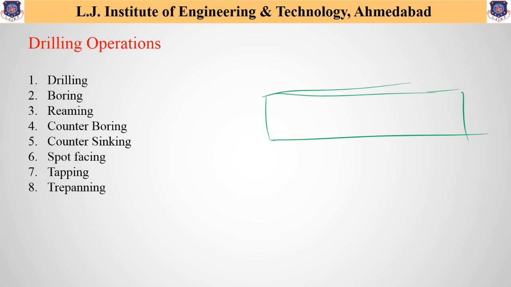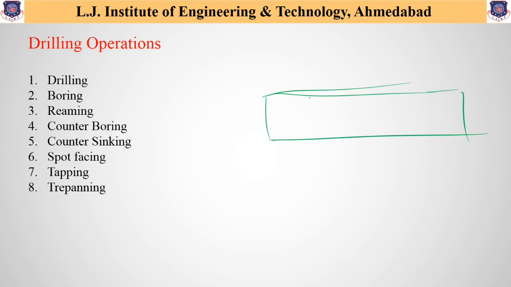So I think your answer is no. So for this type of large section, or if we want to cut a larger hole in the component, at that time this trepanning operation is used. And this trepanning operation is used mostly on sheets.